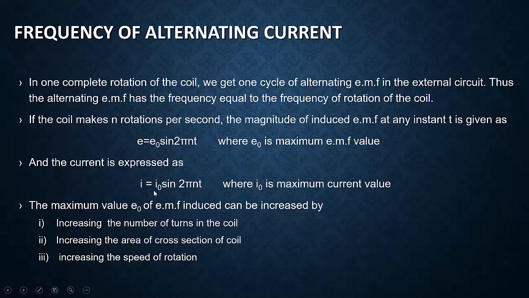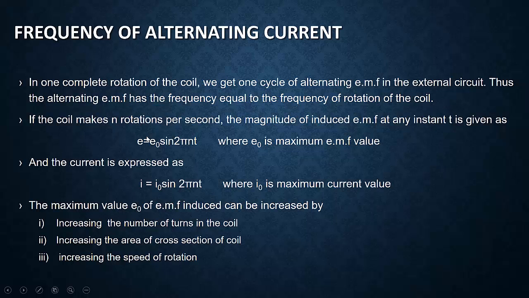How can this E0 of the EMF be increased? First, by increasing the number of turns of the coil. Second, by increasing the area of cross section of the coil. Third, by increasing the speed of rotation. This E0 is 2 pi n BAN. No need for it now, but in higher classes you will study what E0 is.